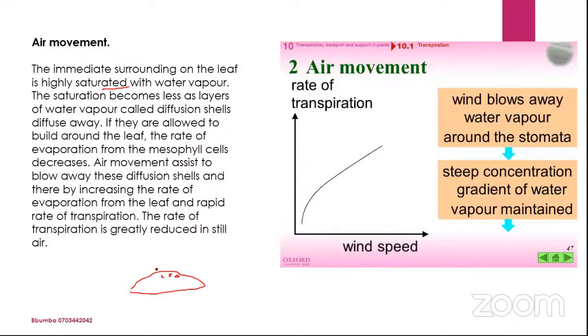So normally they are what we call diffusion shells. For some of you who want to know more about it, you go to a book called Advanced Biology by Simpkins. It elaborates more on these diffusion shells.